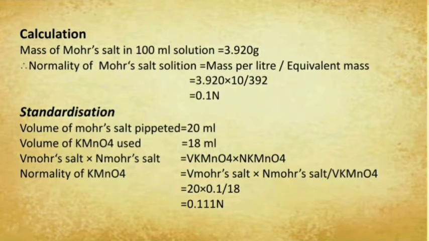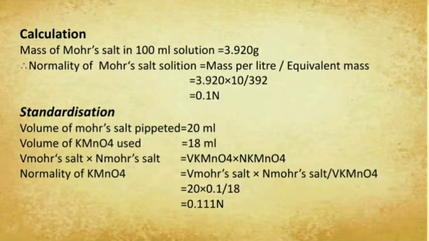Standardization. Volume of Mohr's salt pipetted is equal to 20 ml. Volume of potassium permanganate used is equal to 18 ml. Volume of Mohr's salt × normality of Mohr's salt is equal to volume of potassium permanganate × normality of potassium permanganate.